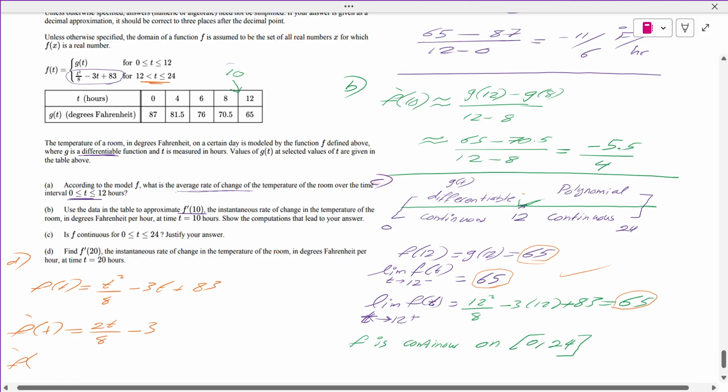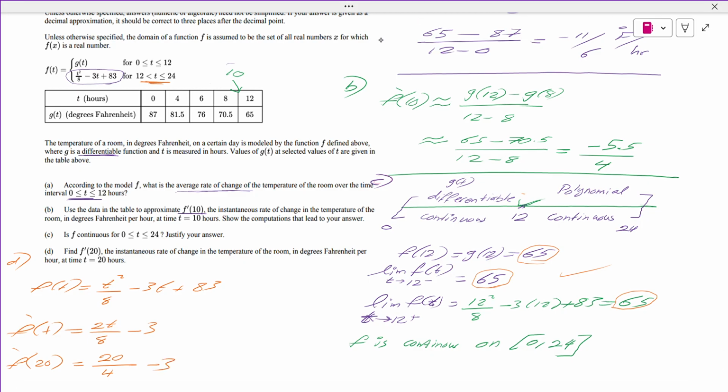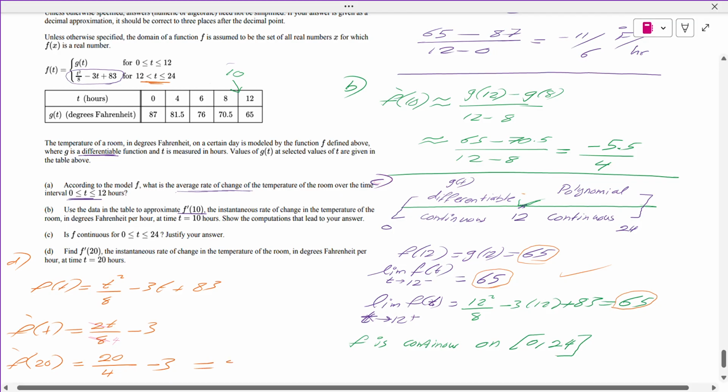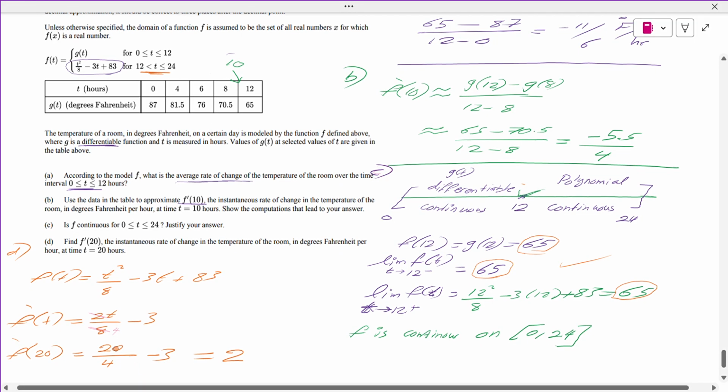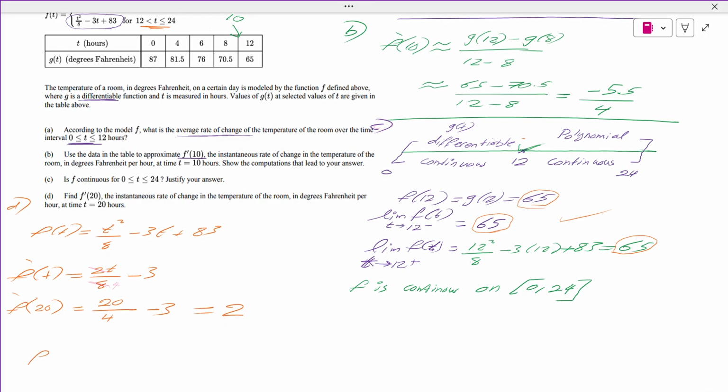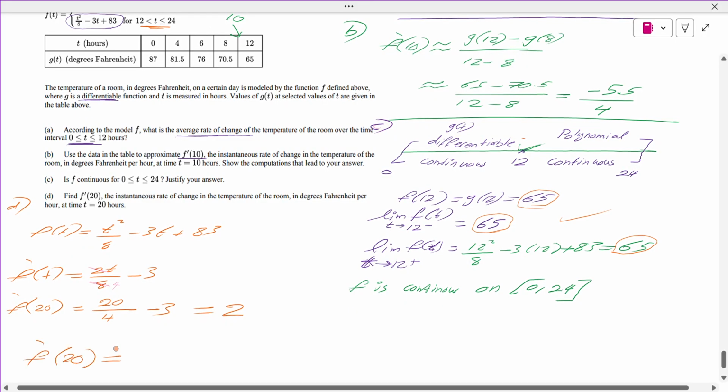And f prime of 20 will be 20 over 4 minus 3. Why did I write 20 over 4? Because I cancelled the 2 with the 8, so it's t over 4. 20 over 4 is 5, 5 minus 3 is 2. So f prime of 20 equals 2.